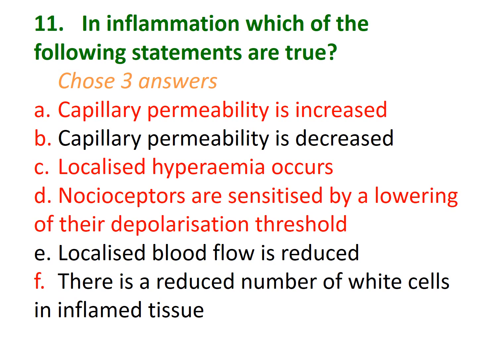Haem meaning blood, there's an increased amount of blood in the area. This, in fact, is why the area appears red. And it's also why it appears warm, as warm blood goes into the inflamed area. So there's definitely a localized hyperaemia as part of the inflammatory response.